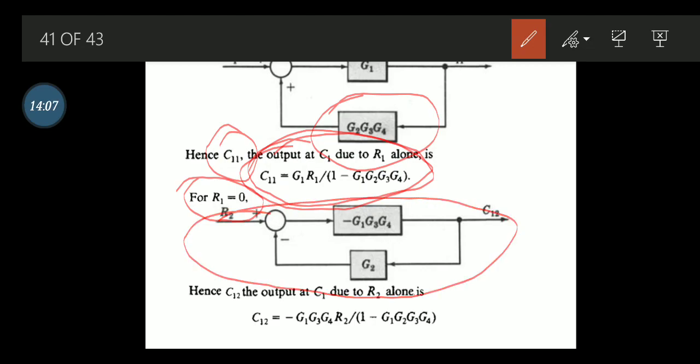Now for this particular case we need to calculate the output response, that is C suffix 1 2, that can be calculated as minus G1 G3 G4 R2 divided by 1 minus G1 G2 G3 G4.